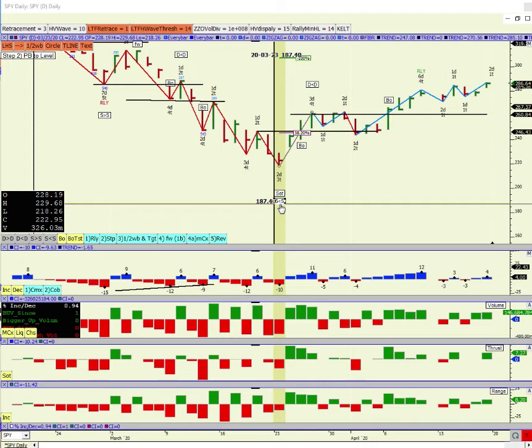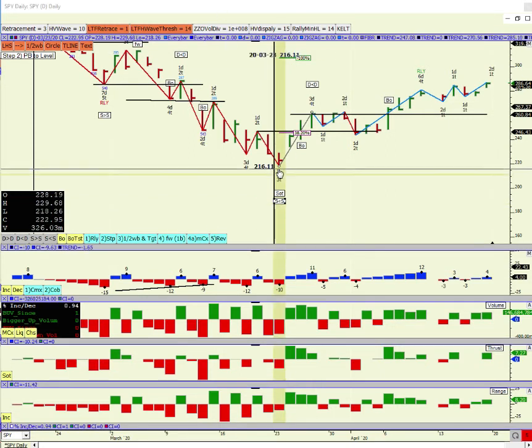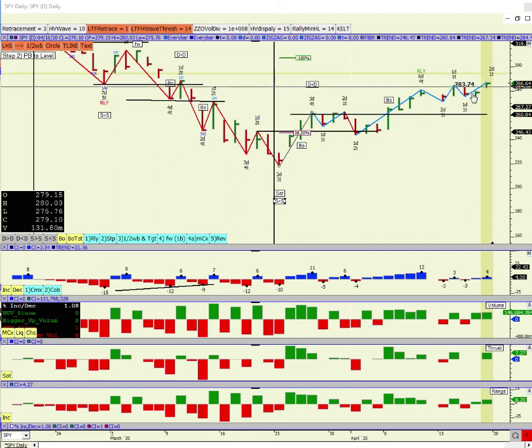So especially when they're together like that, meaning the selling waves are weak and the buying waves are stronger, it creates a change in trend.